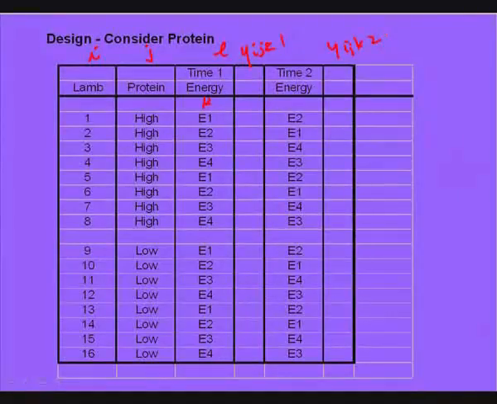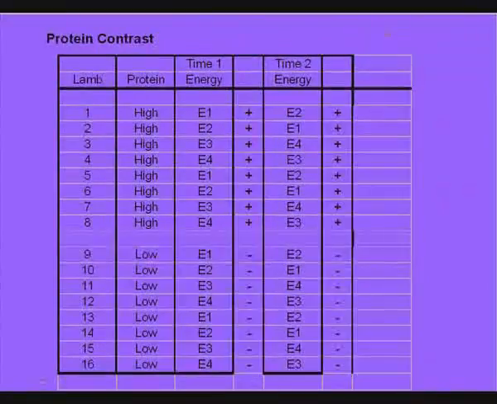So if I'm going to look at the protein main effect, I'm going to add over all observations where protein is at the high level and subtract all observations where protein is at the low level. And so that represents that particular contrast that's shown here. So I have pluses on all 8 data points where protein is high and minuses on all data points where protein is low.